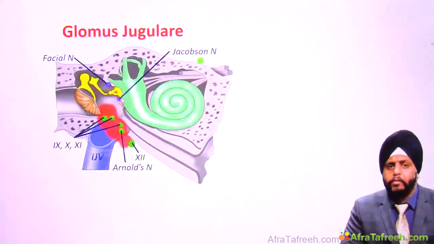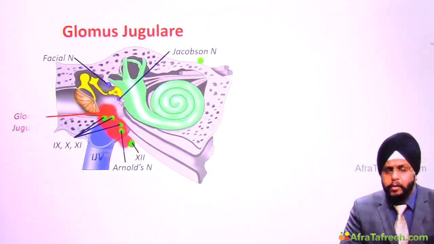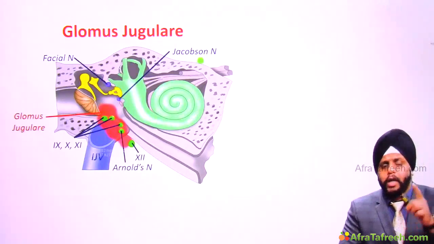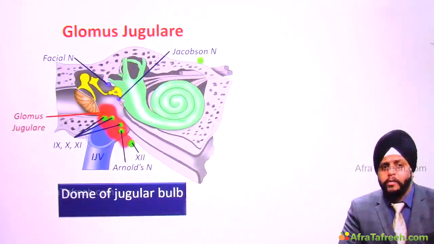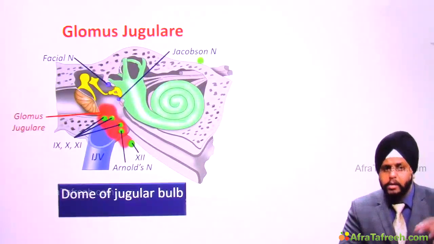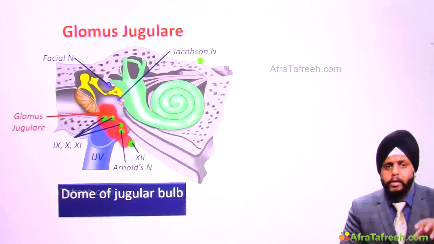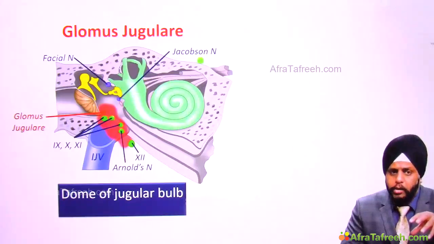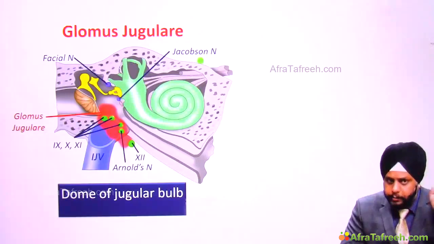Let's look at the glomus jugulare. As you can see over here, this glomus jugulare arises from the paraganglionic cells which are on the dome of the jugular bulb. You remember Arnold's nerve; around that we have the paraganglionic cells. So it arises from those paraganglionic cells on the dome of the jugular bulb.